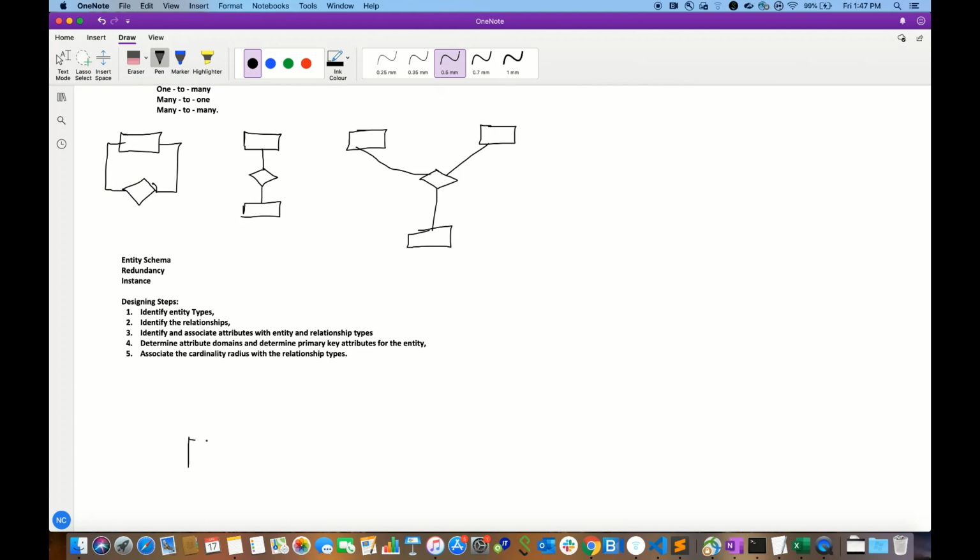So consider an entity, employee, and another entity as department. And as we discussed before, both of them are related to each other by a relationship known as work.